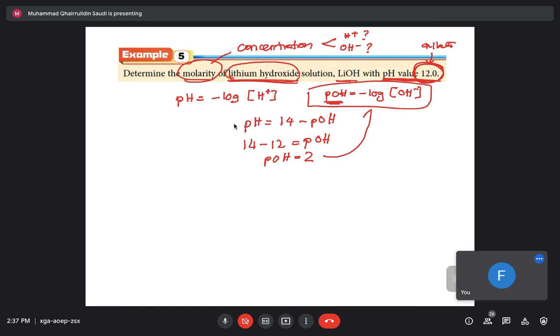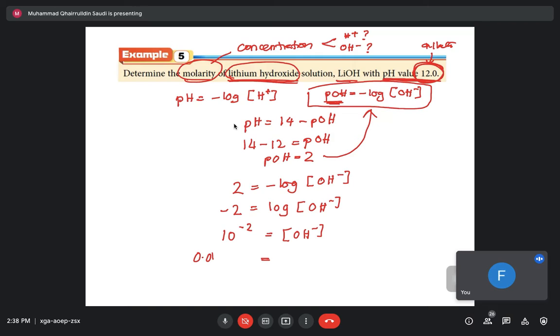Lepas tu buat apa? Masukkan dalam formula. So 2 equal to negative log concentration of hydroxide ions. Kemudian bawa negatif dulu. So negative 2 is equal to log hydroxide ions. So hydroxide ions punya concentration is 10 to the power of negative 2. Tekan je calculator, awak akan dapat 0.01.